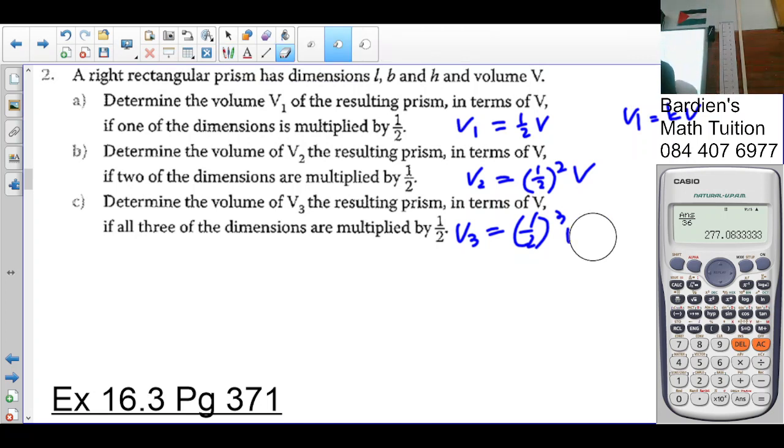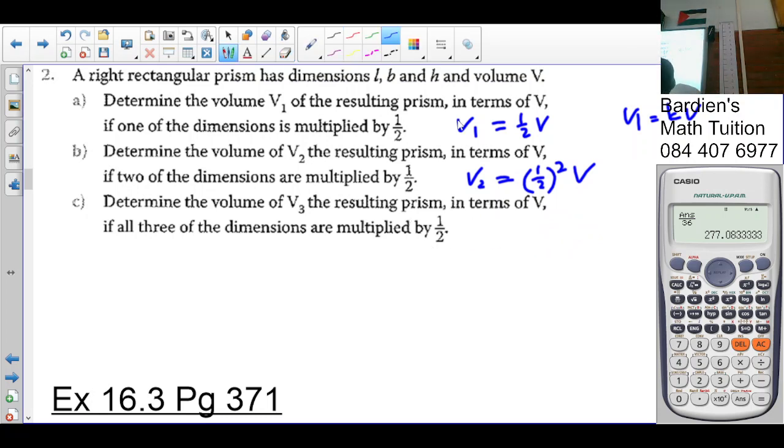Okay, so let's go with the first one, V2. We have said two of the dimensions are multiplied by a half.